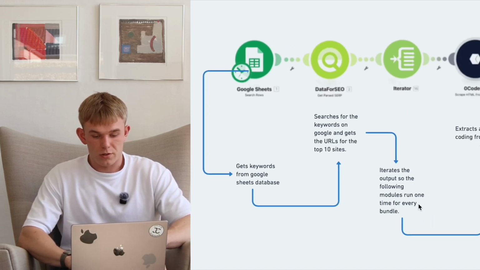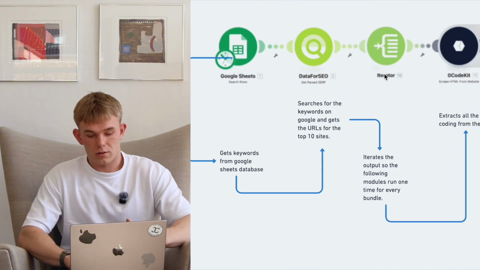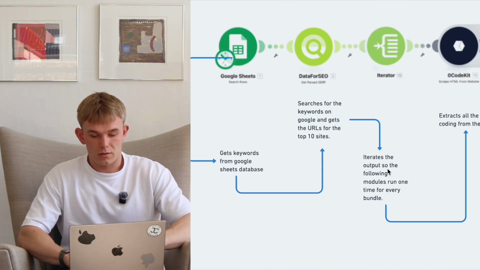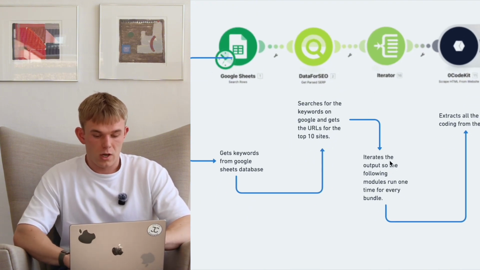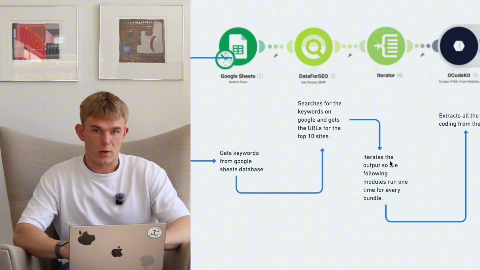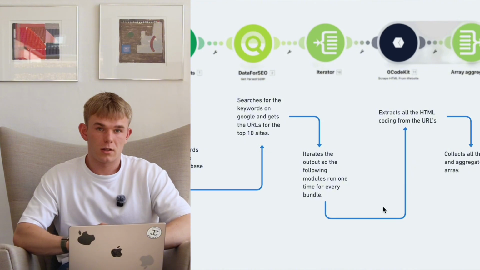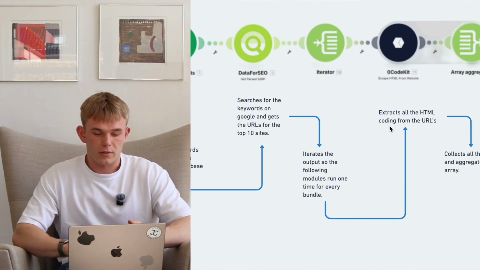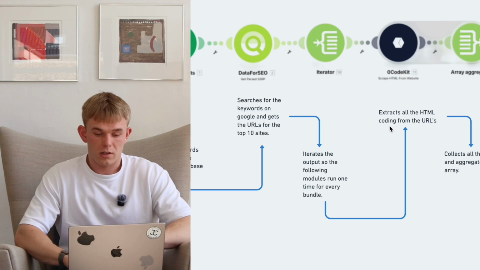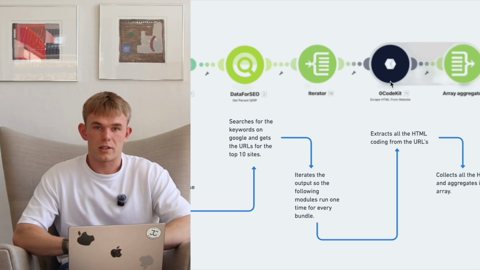In this iterator module, it iterates the output to the following modules, so the following modules run one time for every bundle. Then the output of this iterator runs into ZeroCodeKit, which is software that lets you extract HTML code from URLs.